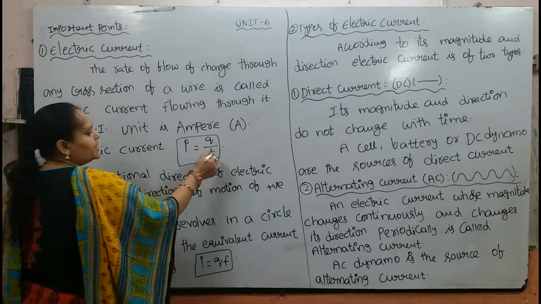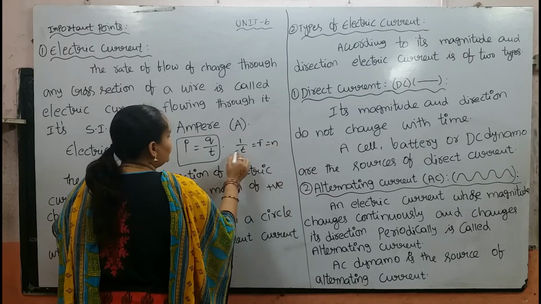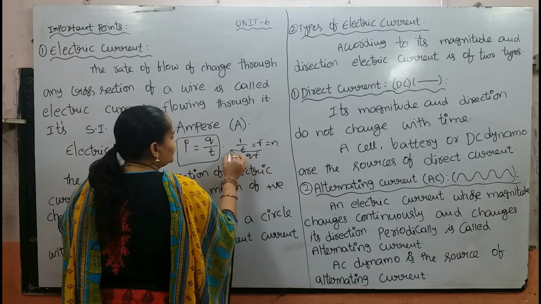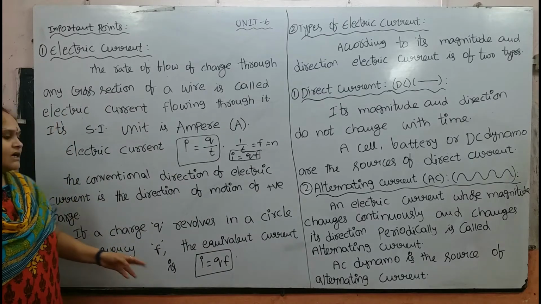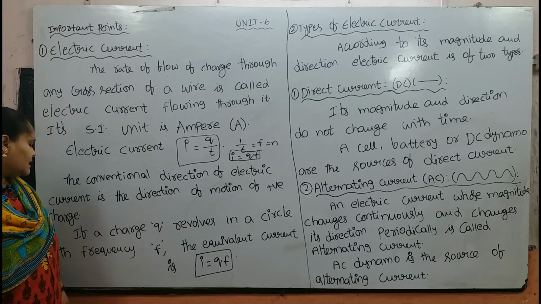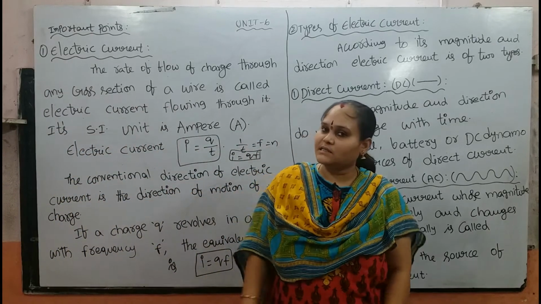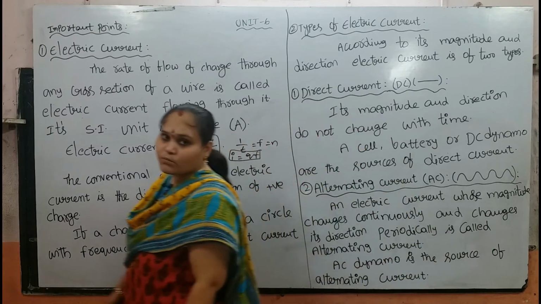Everybody knows Q by T; 1 by T is nothing but the frequency, so we can replace 1 by T with F. Then I equals QF. So if the charge Q revolves in a circle with frequency F, the equivalent current I is QF. This formula will be used in our problems.